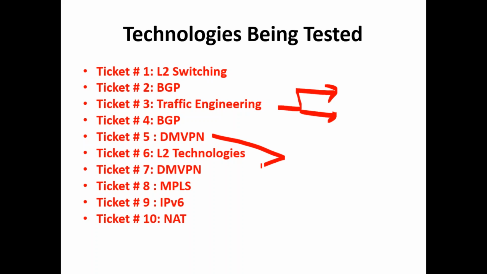Then DMVPN. See, there are two tickets related to DMVPN over here as well. So that's why I told you that understanding dynamic multipoint VPN is very, very important. L2 technologies, MPLS VPN, IPv6, NAT. So this is a summary of the technologies which are being tested in troubleshooting scenario number 2.